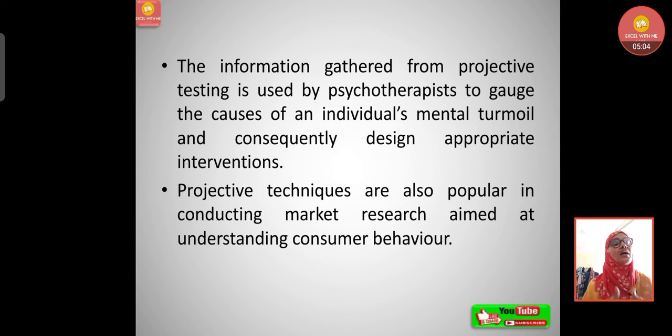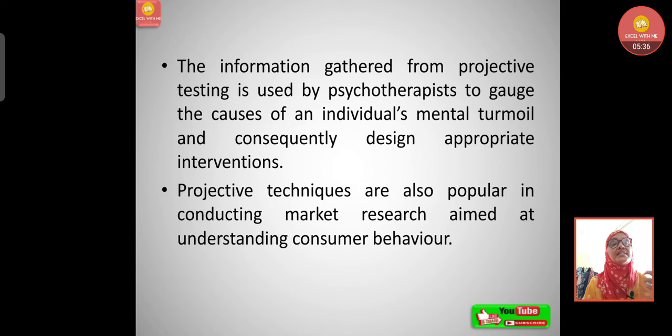So these counselors and psychologists perform these projective techniques to bring out those unconscious things from the brain, because sometimes those individuals may go into stress. So they take the help of these psychologists or counselors so that they can find out the causes of the individual's mental turmoil, what the consequences are, and how to design appropriate interventions.